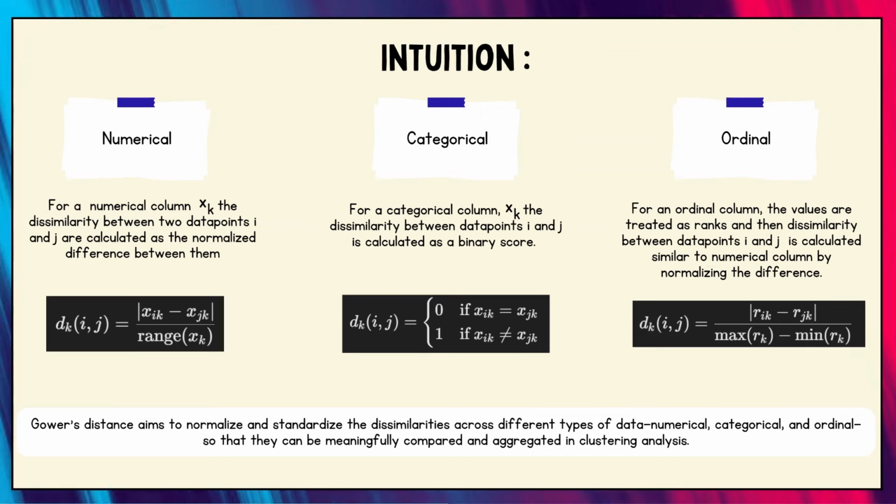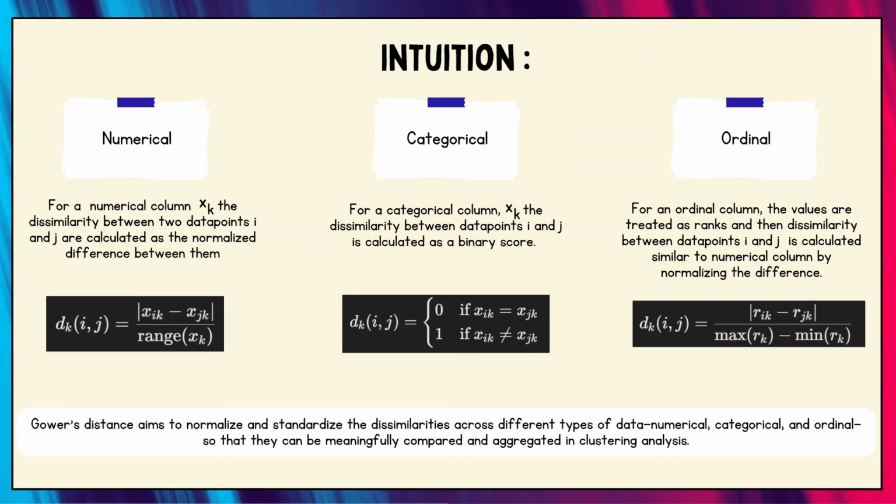So as you can see, for a numerical column, what it does is, if you have two data points, say I and j, then it just takes the absolute difference between the two numerical values. So for example, if we have the revenue column and the revenue for data point I is 10,000 and for data point j is 20,000, then the absolute difference will be 10,000, right? 20,000 minus 10,000.